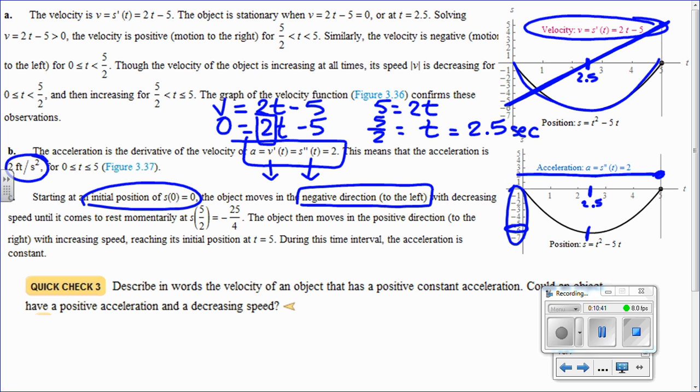And then what was happening to the, why does it say with decreasing speed? Oh, yes, it does. How would you connect that with the graph? That the speed is decreasing.